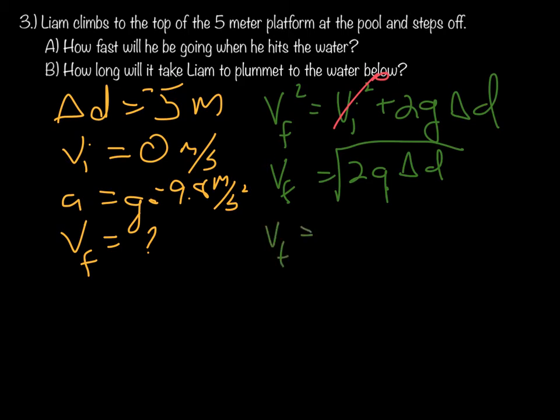Vf is the square root of 2 times negative 9.8 times a negative 5.